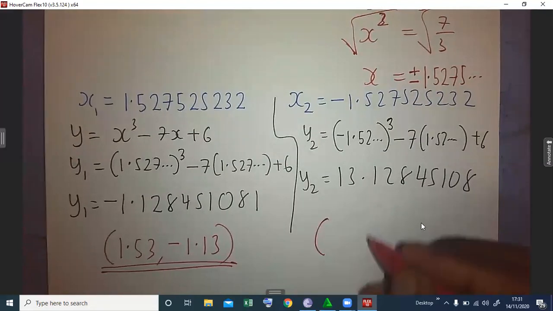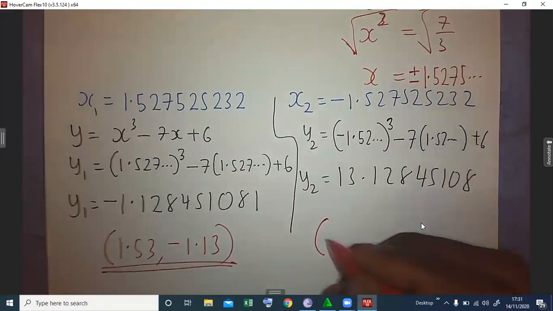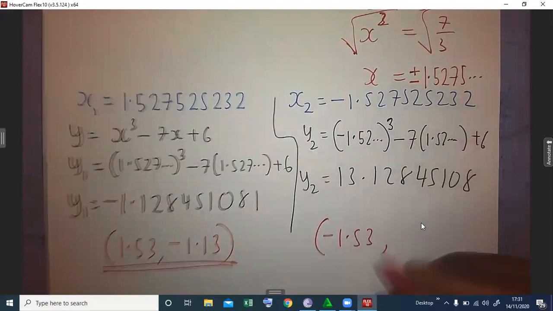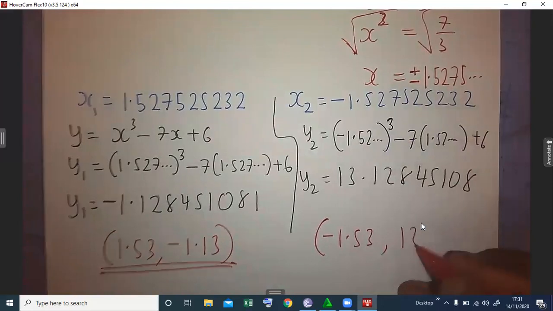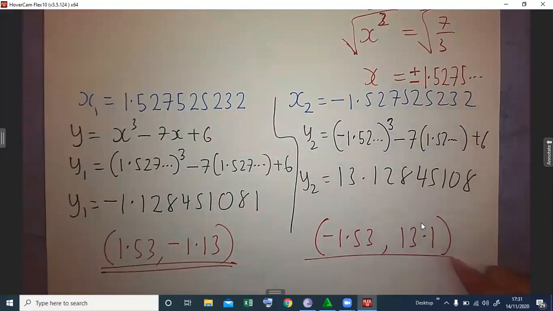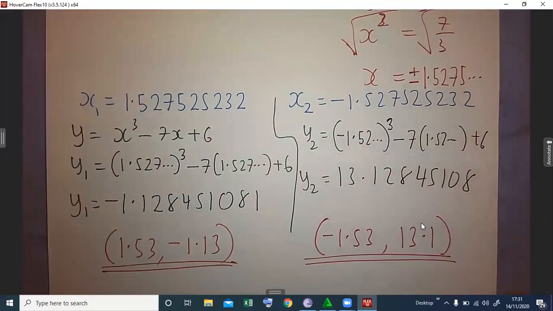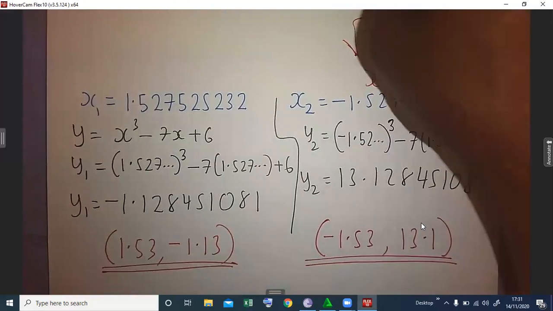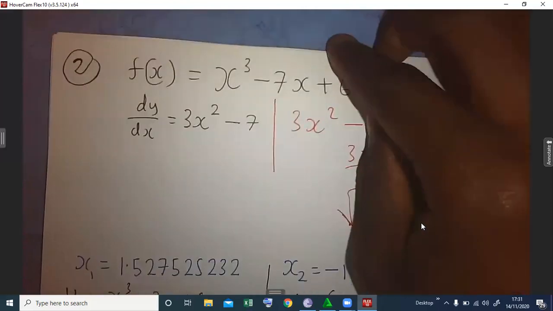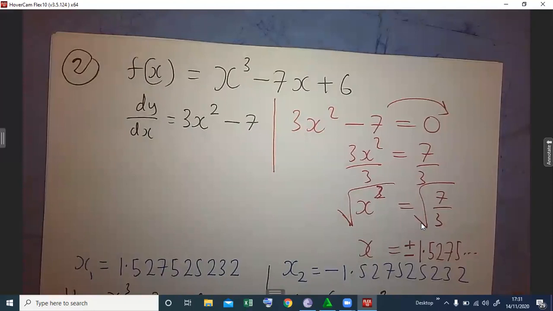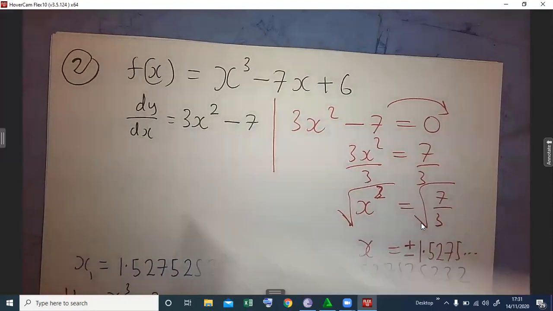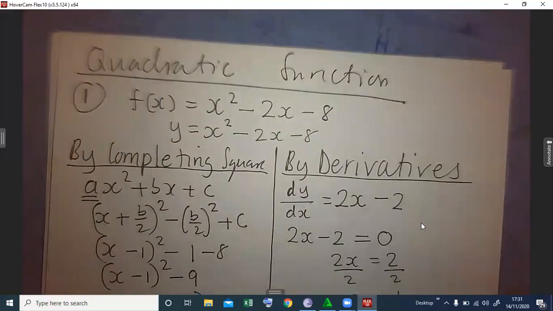And my second turning point would be negative 1.53, comma, 13.1. That is how we find turning points using the derivatives.